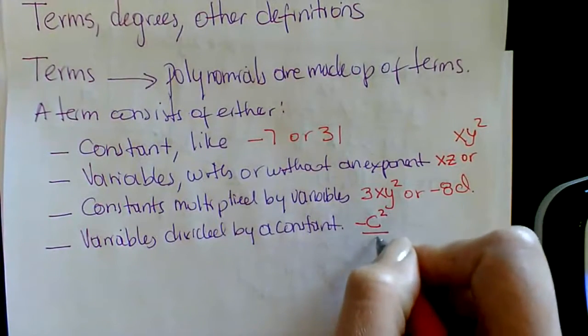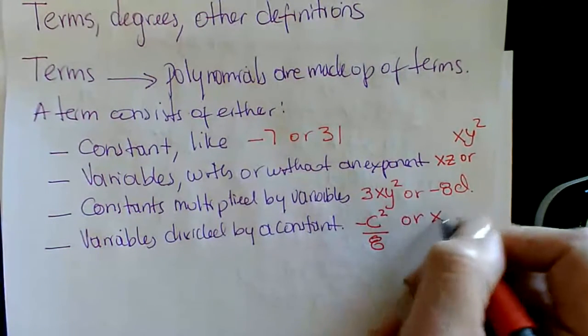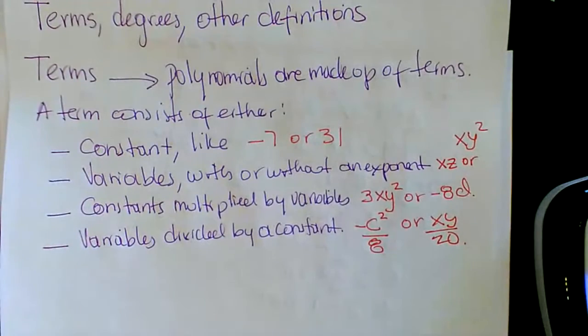Negative c squared divided by 8, or xy divided by 20. Okay?